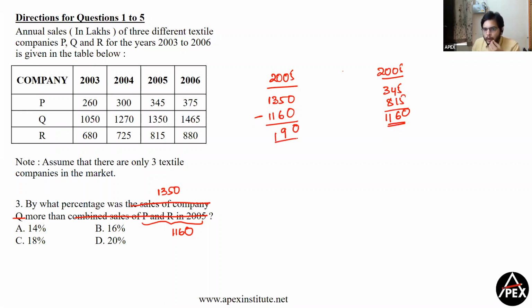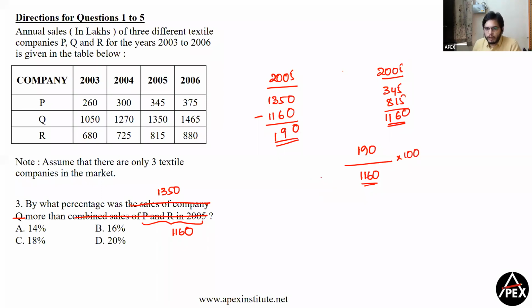Okay. So 190. So the difference by the initial value. What will be in the denominator? 1350 or 1160? 1160 guys. Always remember this. We are comparing the increase with the combined sales of P and R. So you will have 1160 in the denominator into 100.